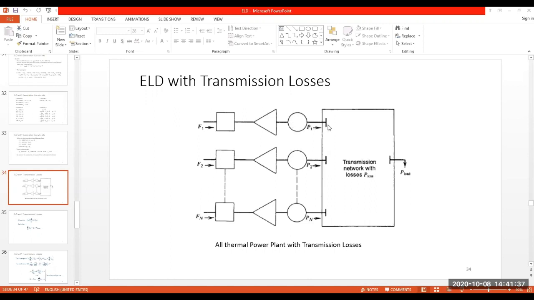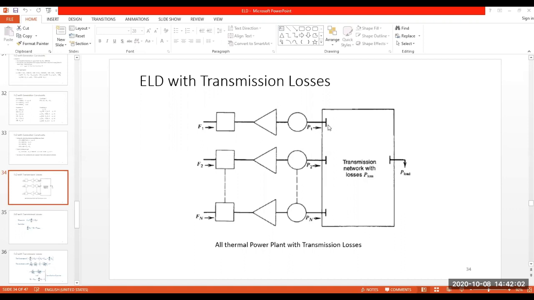So in this ELD problem, or in general in the ELD formulation, we are more concerned with the real power loss rather than the reactive power loss. Okay, so ELD, economic load dispatch, deals with real power losses in the network. What about the reactive power loss? Should we not include it?